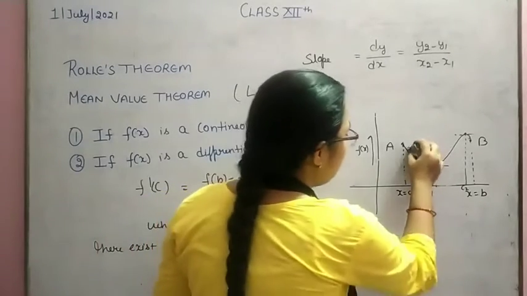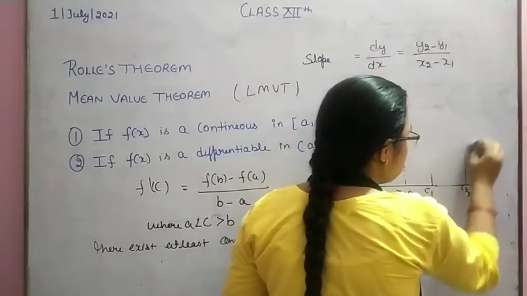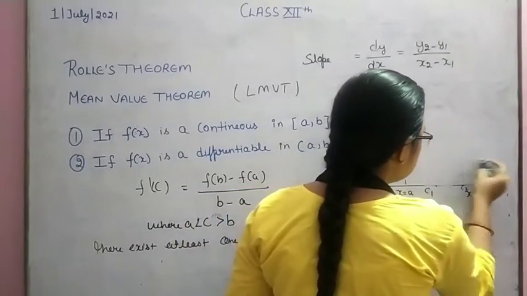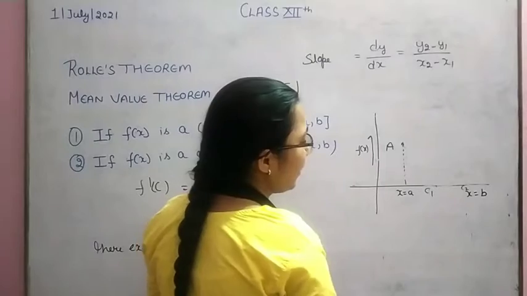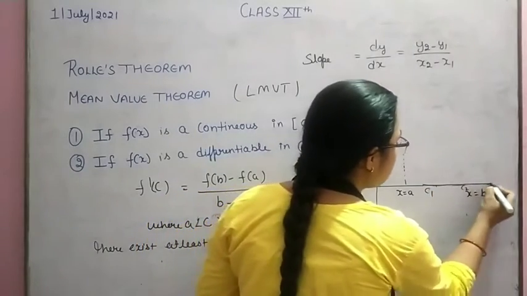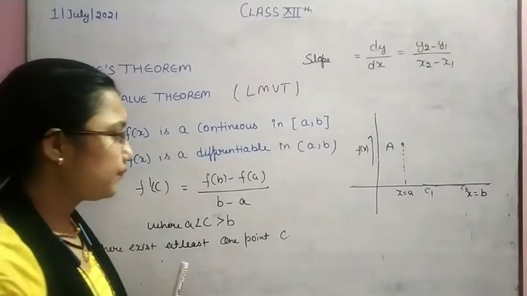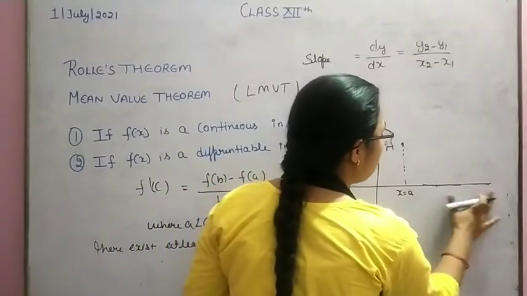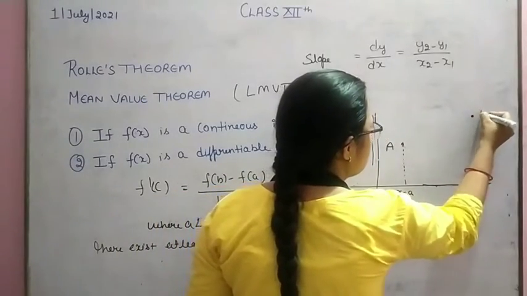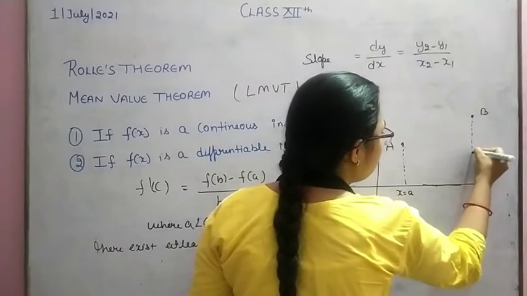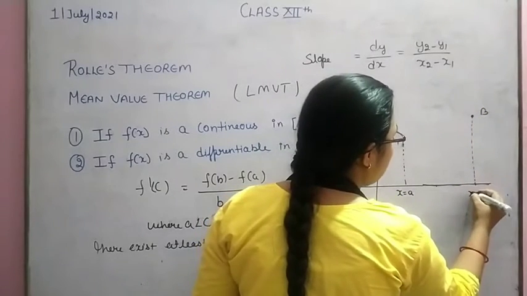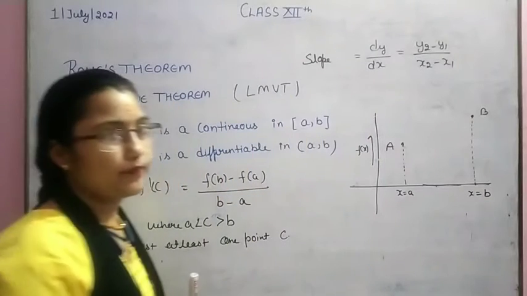So according to LMVT, let us take a function f(x) and find the value of this function at 2 different points where f(a) is not equal to f(b). Okay, so let us take point B here at x equals b.